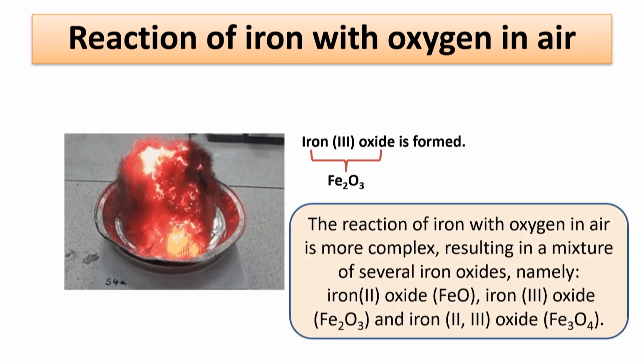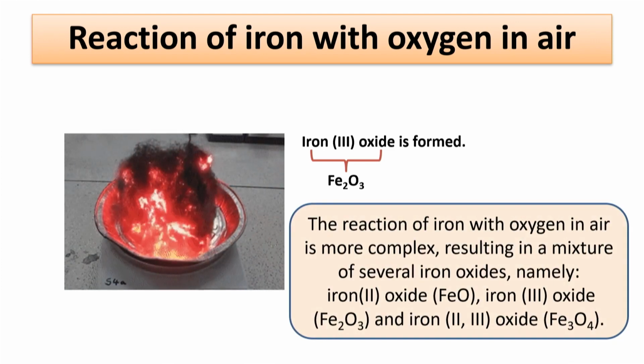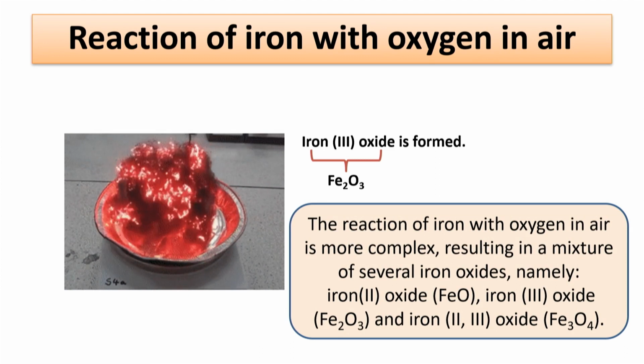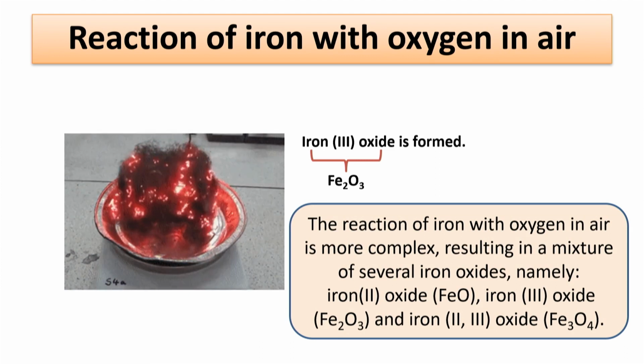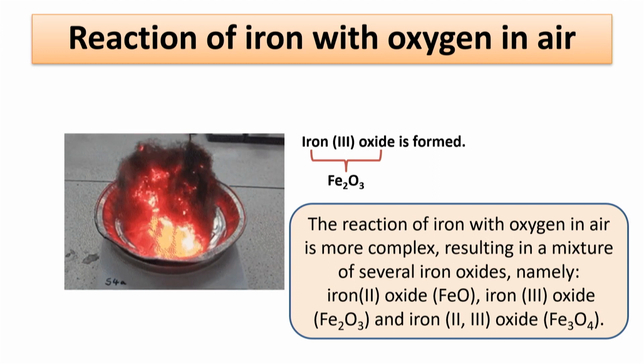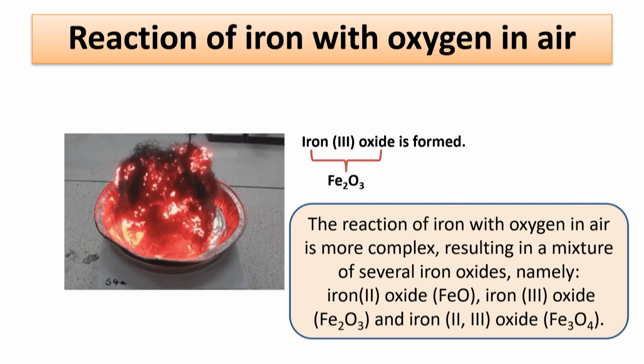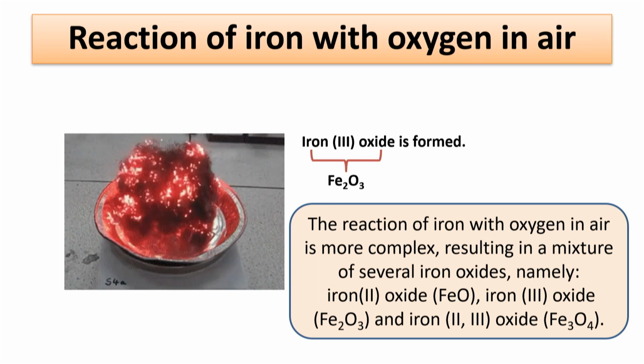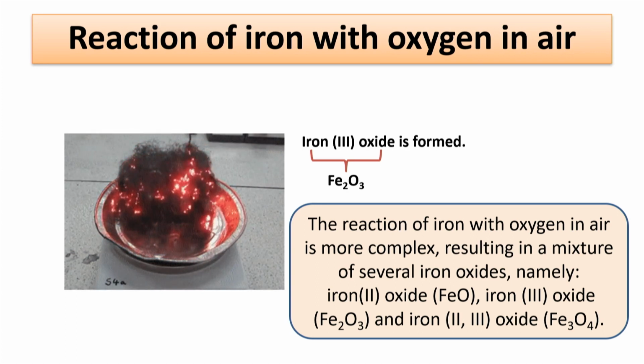However, it is important to note that the reaction of iron with oxygen in air is more complex, resulting in a mixture of several iron oxides, namely iron 2 oxide, FeO, iron 3 oxide, Fe2O3, and iron 2,3 oxide, Fe3O4.